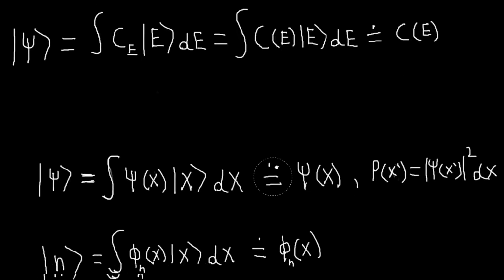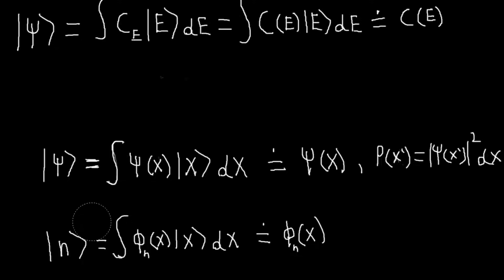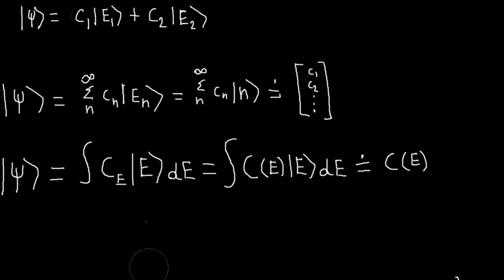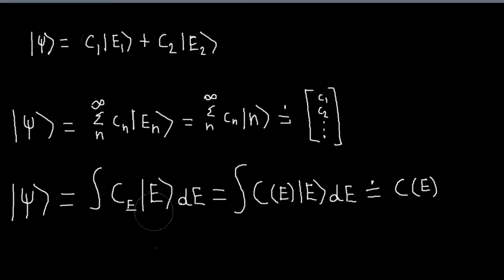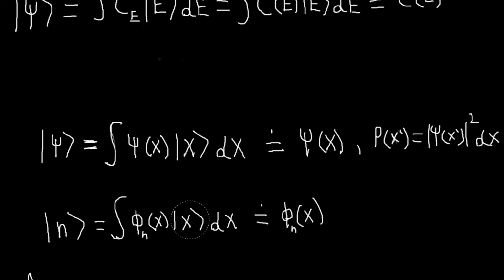And what we need to do is write the eigenvectors. Normally we won't be working with this continuous energy spectrum. We will have an infinite discrete energy spectrum. So what we want to do is find a way to relate these energy eigenvectors to our position eigenvectors.